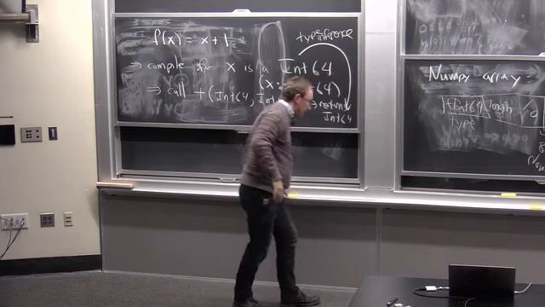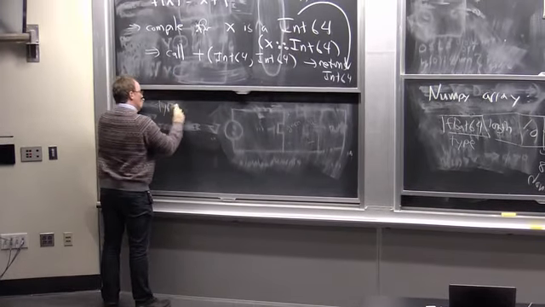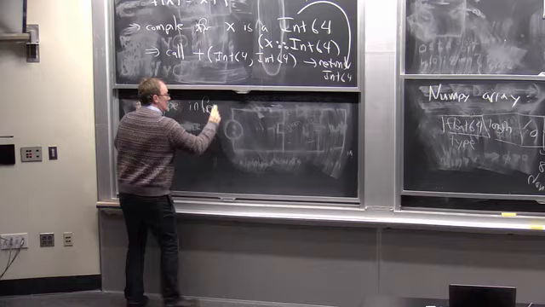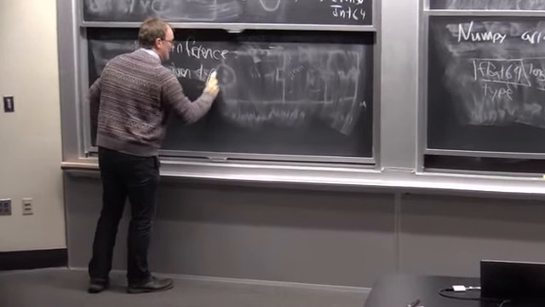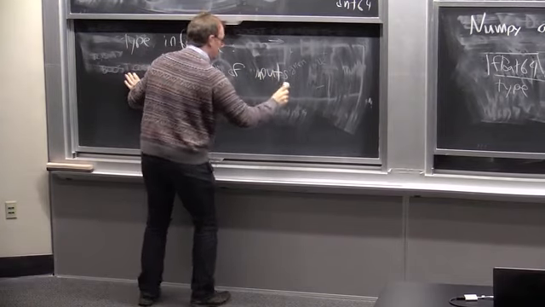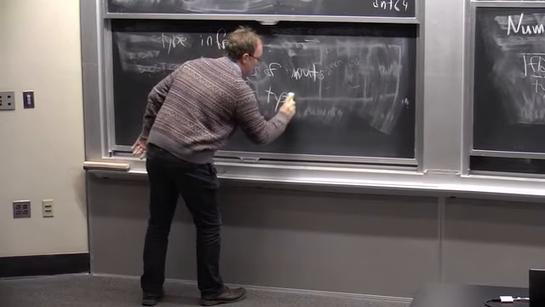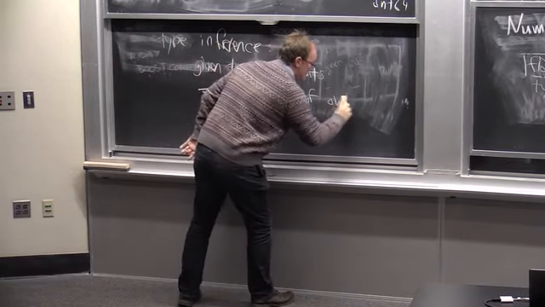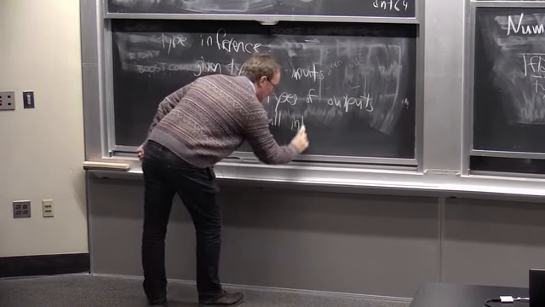So in general, type inference, given the types of the inputs, tries to infer the types of the outputs, and in fact all intermediate values as well.